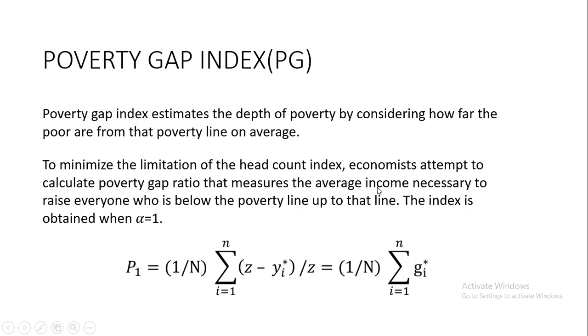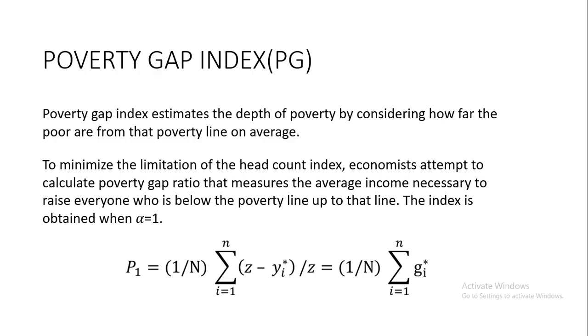After that we have poverty gap index, PG. Poverty gap index estimates the depth of poverty by considering how far the poor are from the poverty line on average. To minimize the limitation of the headcount index, economists attempt to calculate the poverty gap ratio that measures the average income necessary to raise everyone who is below the poverty line up to that line.